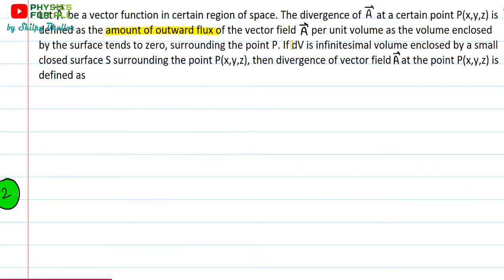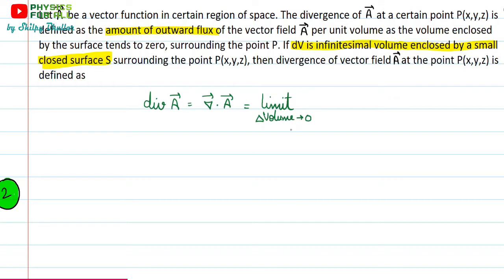So if dV is the infinitesimal volume enclosed by this small closed surface S surrounding the point P, then the divergence of vector A, which is simply del dot A, is equal to the limit, since we said that the volume is approaching 0.